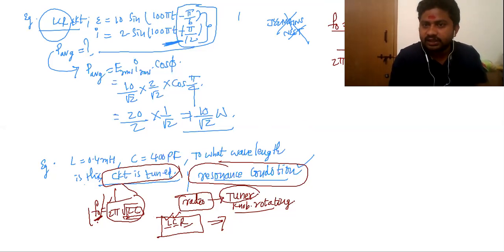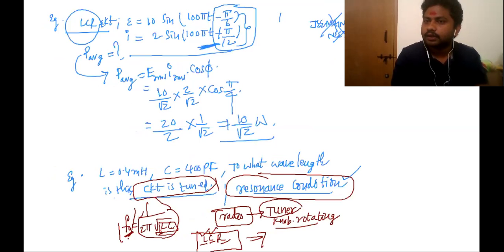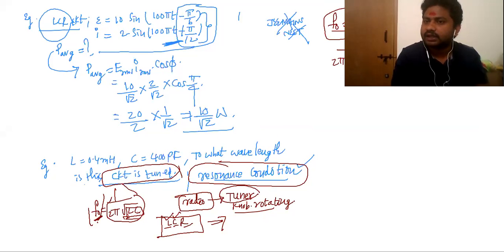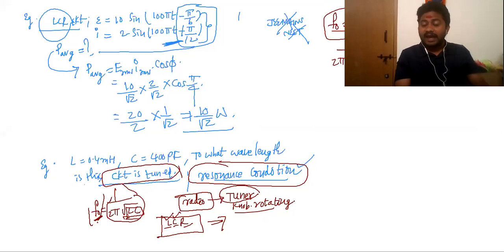So by changing these L and C values, if at a particular point the frequency is 440 hertz, that is equal to the resonance frequency of that particular channel. Then you can clearly listen to that channel. Otherwise, there will be noise.